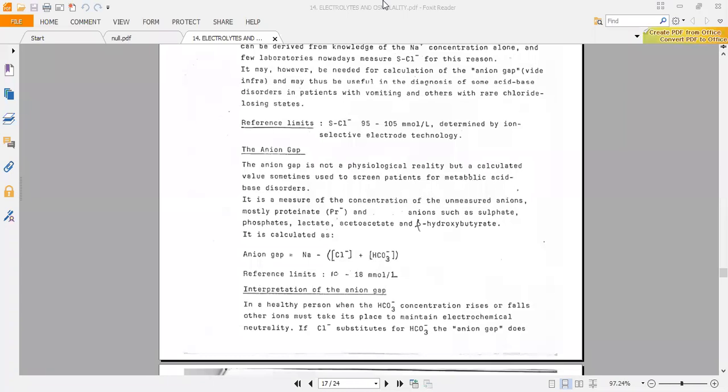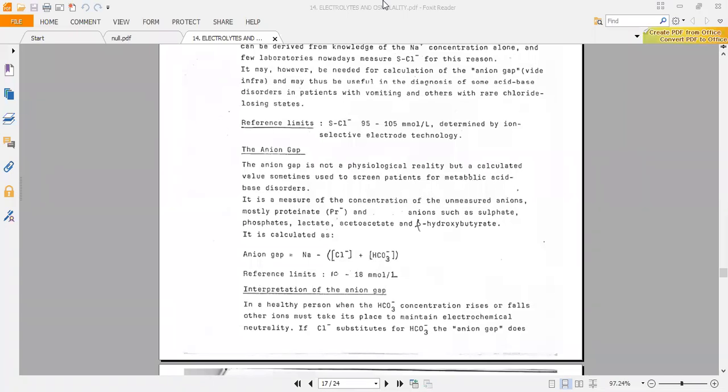That's basically the idea. We are assuming that since the abundant cation is sodium, we use sodium to represent the cations, and we use chloride and bicarbonate to represent the anions.